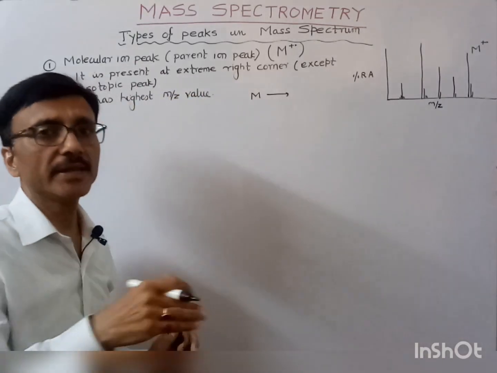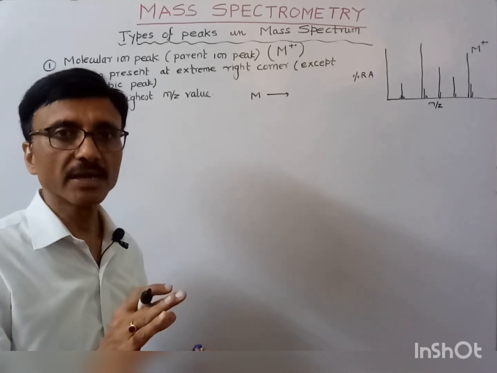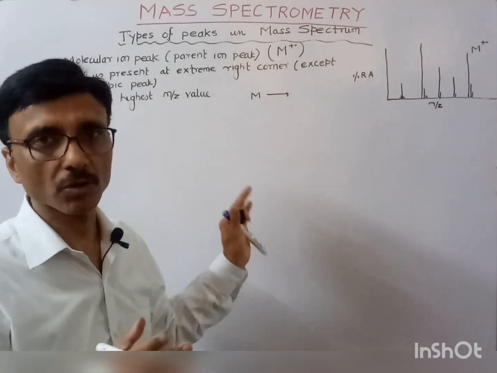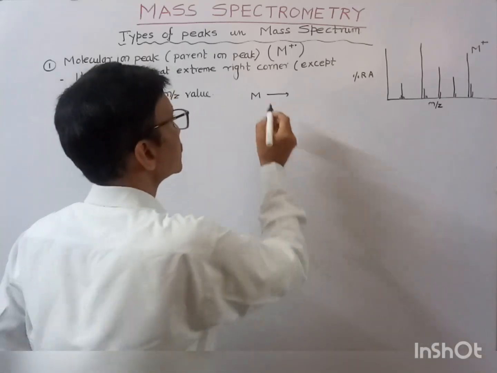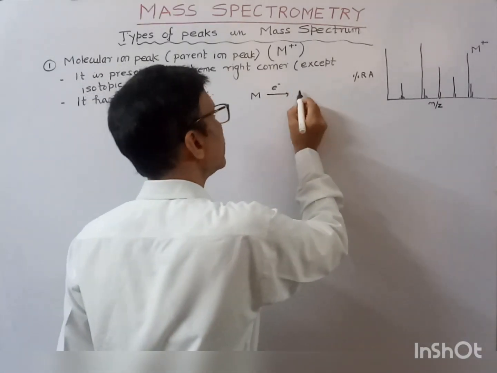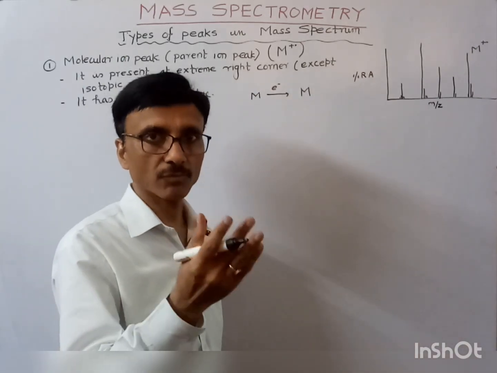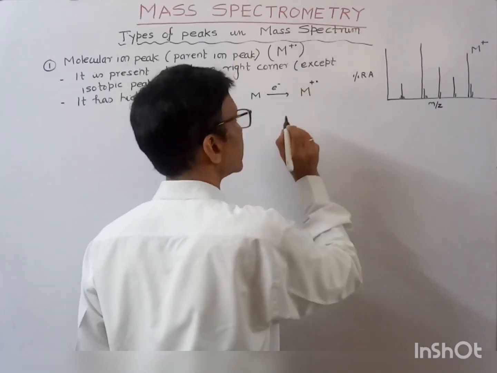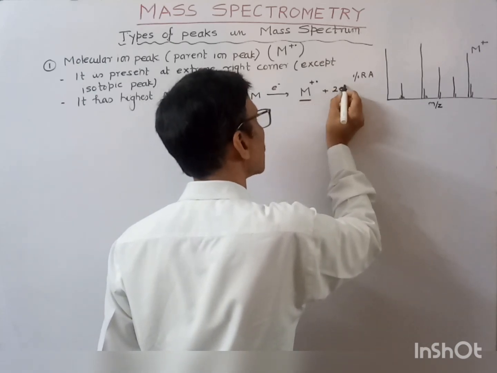First of all, the sample is vaporized, and this vaporized sample is then ionized in the ionization chamber, and further fragmentation of the molecular ion takes place. If this molecule is bombarded with an energetic beam of electrons, one of the electrons from the molecule is removed, and after removal of one electron we get the radical cation, and this is called the molecular ion peak.